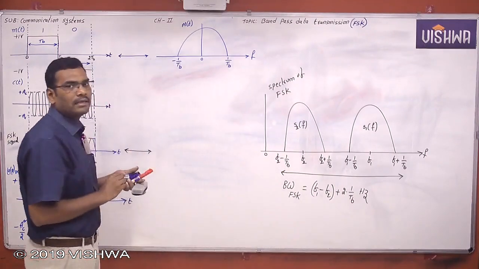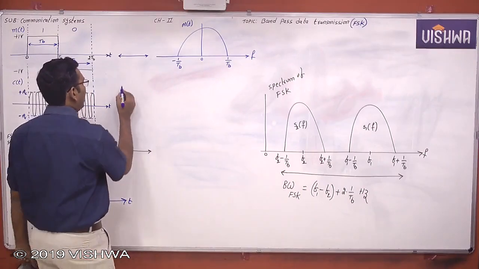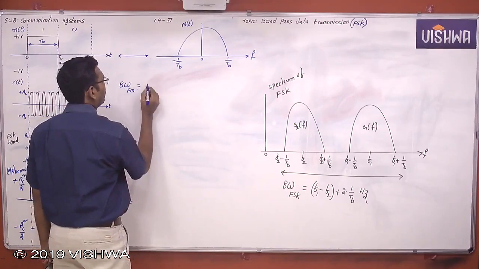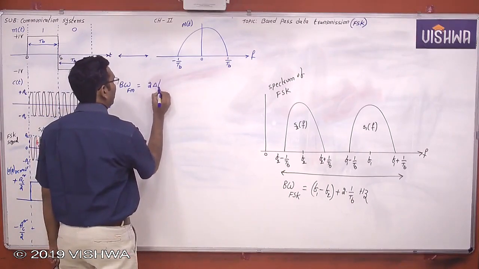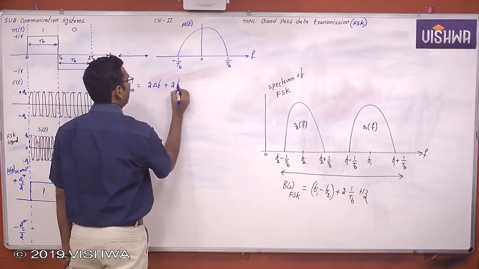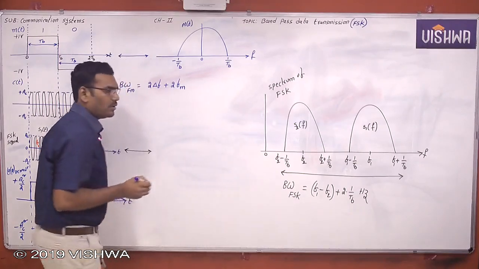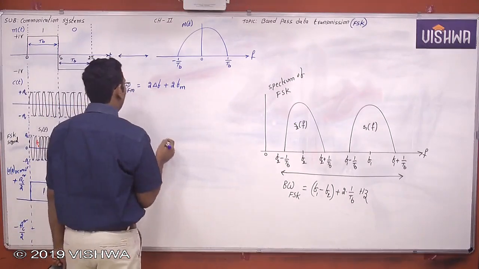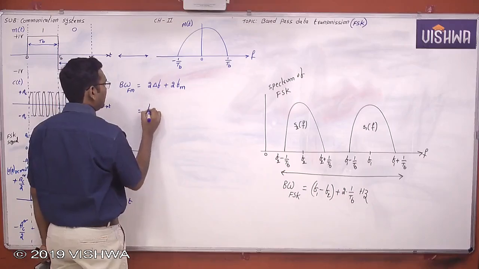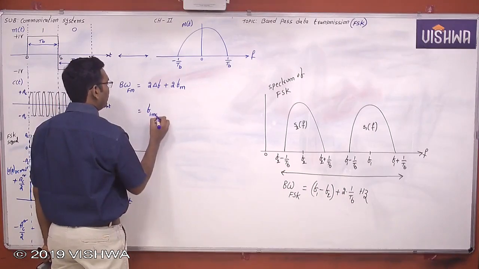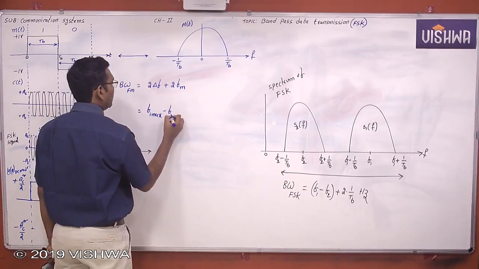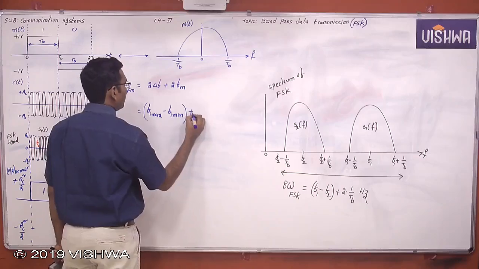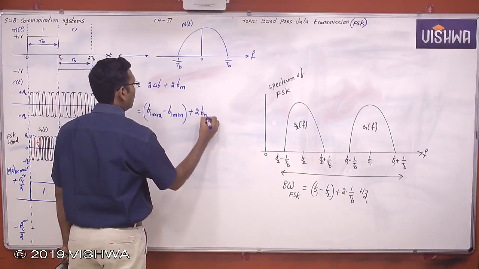So can you recollect your analog modulation technique? What is the bandwidth of FM in analog? The bandwidth of FM is equal to 2 delta F plus 2 into FM. Remember or not? 2 into (beta plus 1) into FM, or 2 delta F plus 2 FM. So what is delta F? Can I write like this: Fi maximum minus Fi minimum, plus 2 into FM.